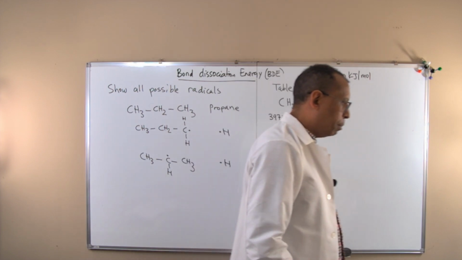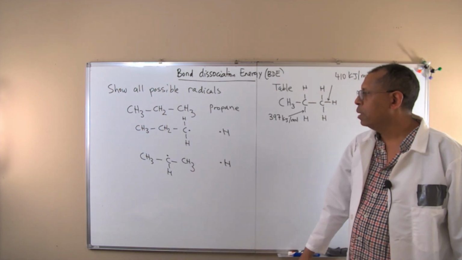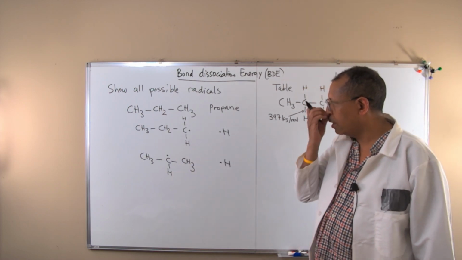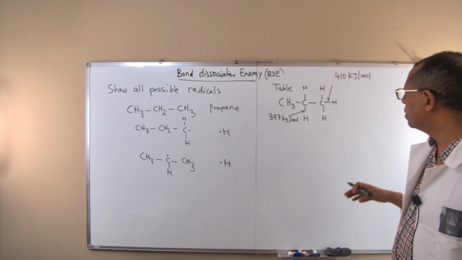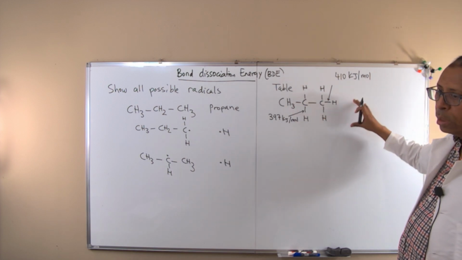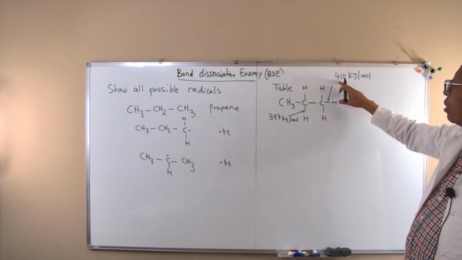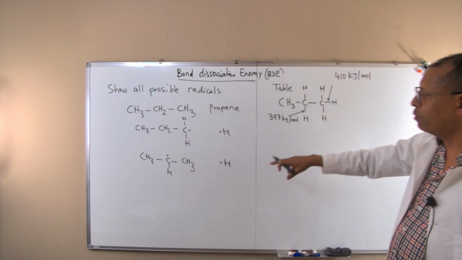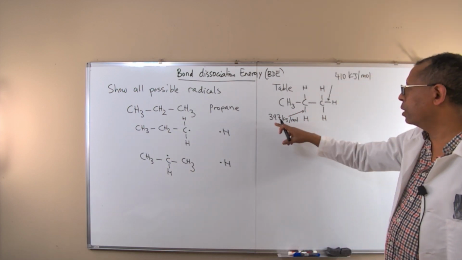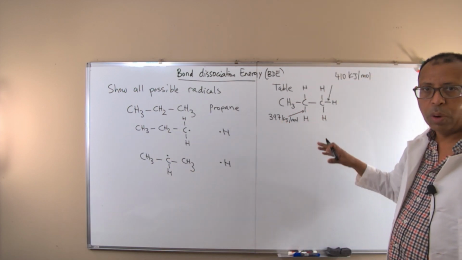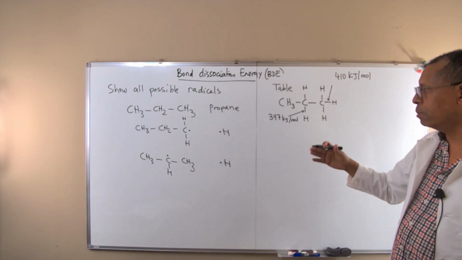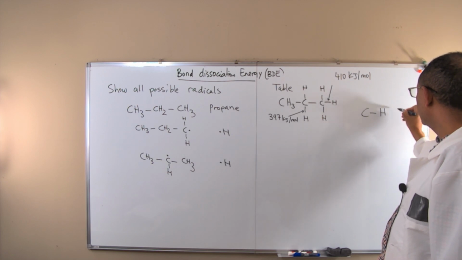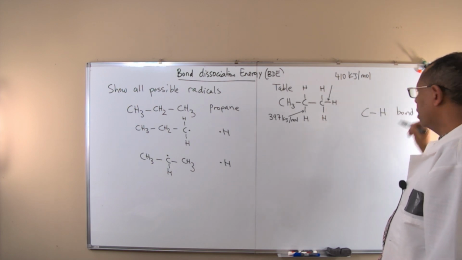So this is removal of one of the hydrogen radicals. Basically the bond dissociation energy for these two carbon-hydrogen bonds looks like it's different, because if you just look at your table, 410 kilojoules per mole is for this one, and for the middle one it's 397 kilojoules per mole. So they are quite different. Still, these are carbon-hydrogen bonds, but they are different.